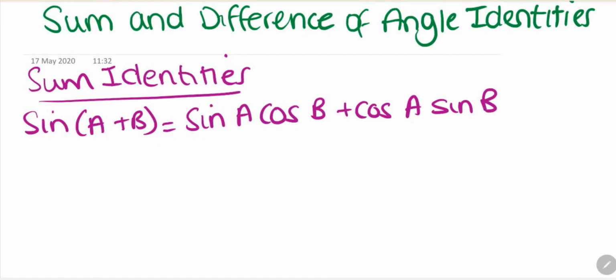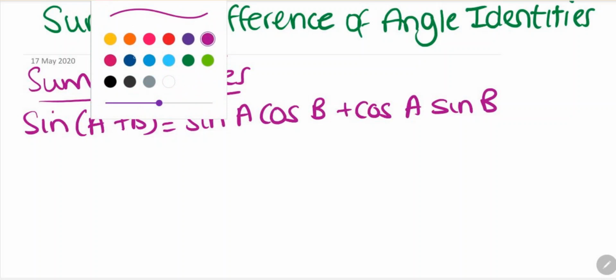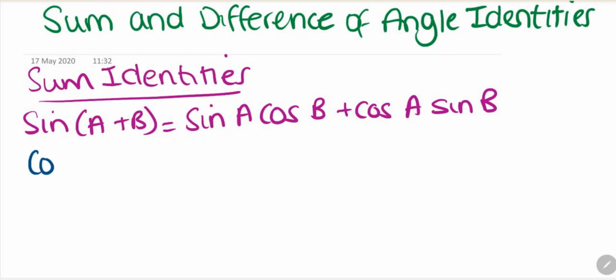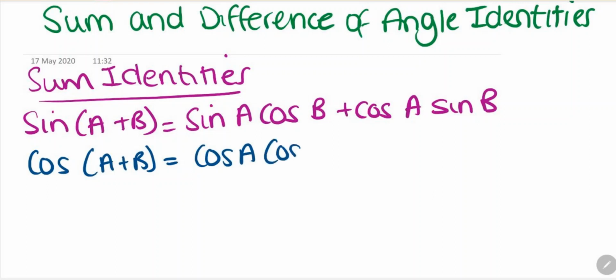And if we're doing cosine of a plus b, it's cos a cos b, and it's minus sine a sine b.